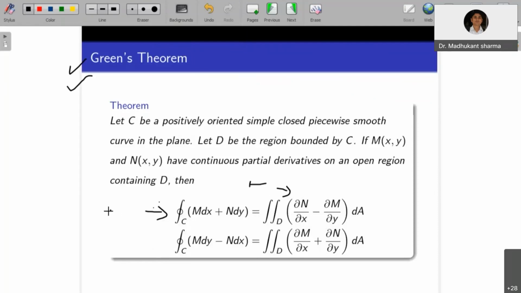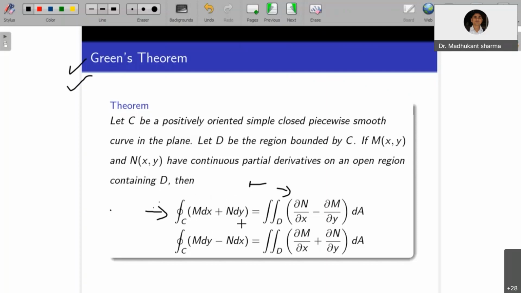To explain that, I need to define two very important concepts in vector calculus, known as the divergence of a vector field and curl. Before learning the statement of Green's theorem, the statement will say that a line integral is converted into a double integral, under some mathematical assumptions.